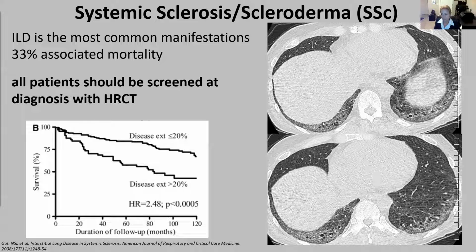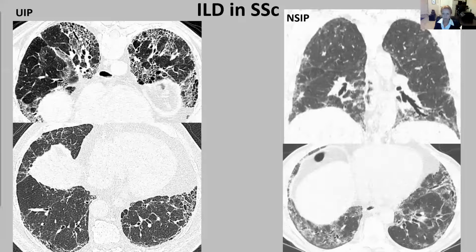In this patient, we see less than 20% of lung involvement and NSIP pattern. And that's also important because patients most often will have an NSIP pattern. However, they may also have UIP pattern, which carries much worse prognosis compared to NSIP.